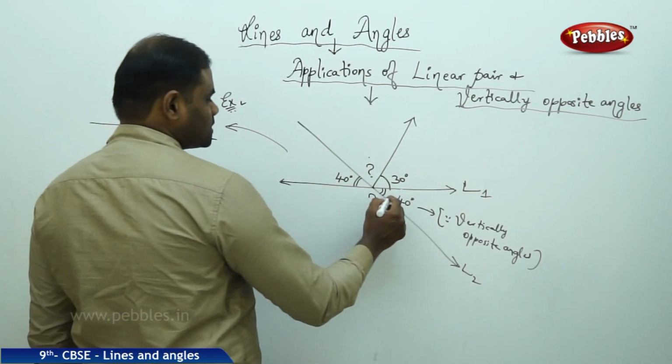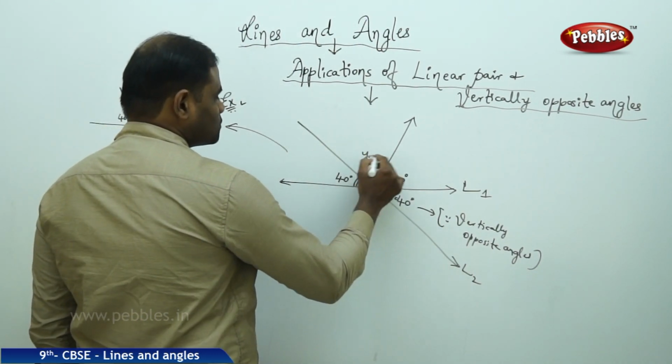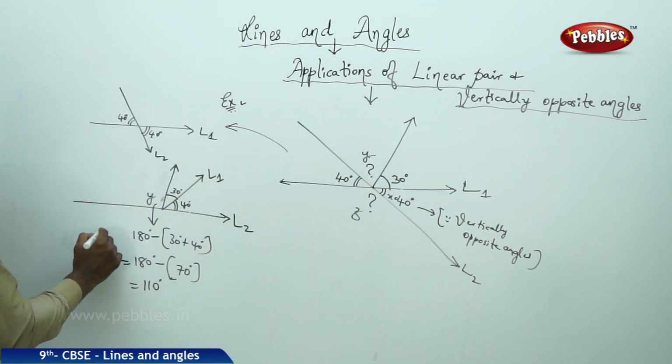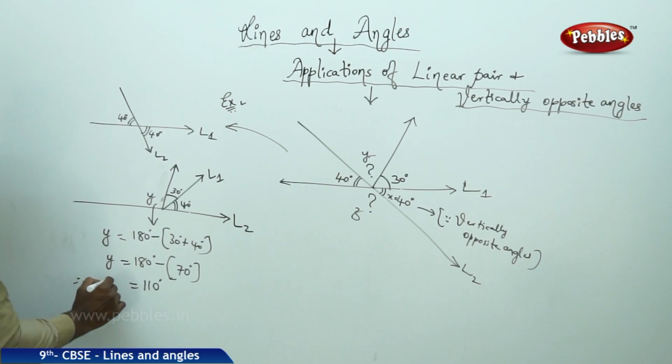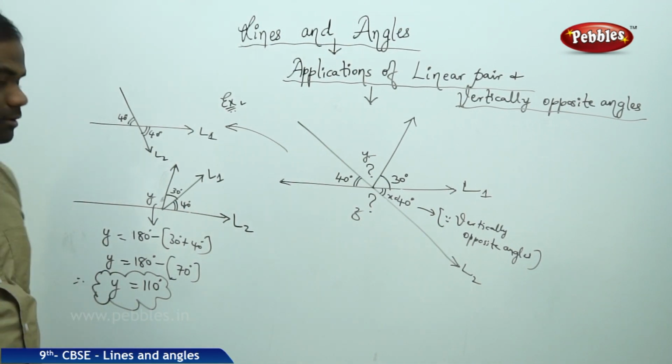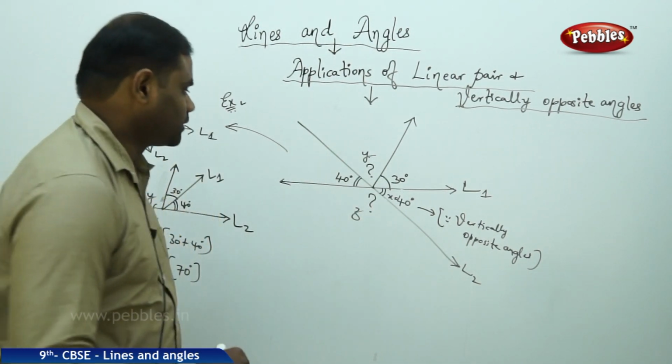Therefore, if I take this as x, this as y, and this as z, my angle y would be equal to this. Angle y equals 110 degrees.